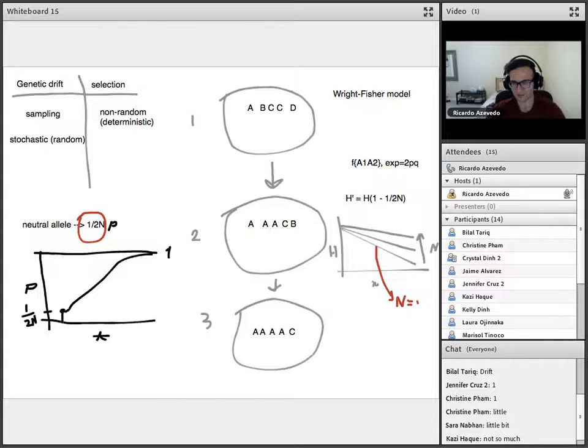So let's say the latest trajectory is for a population of 10, right?